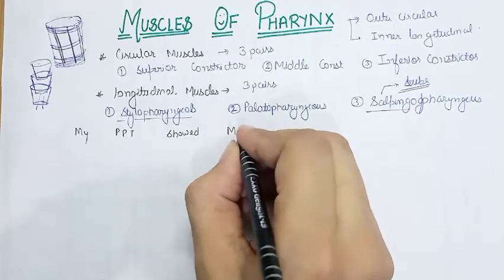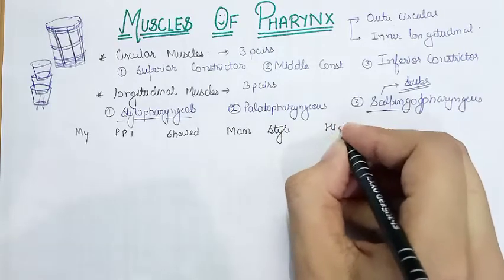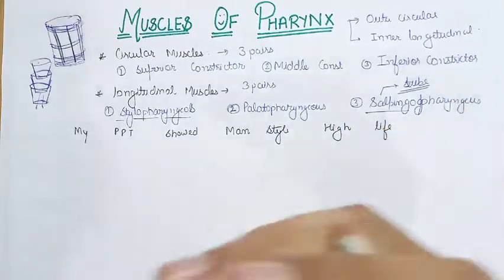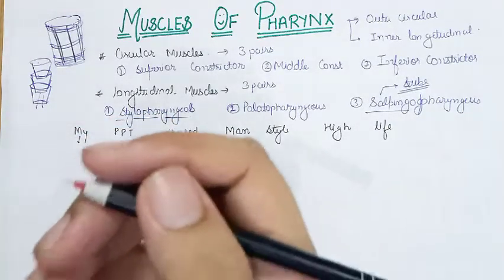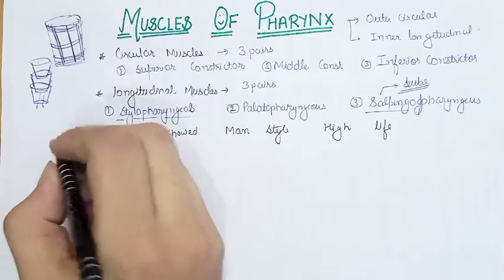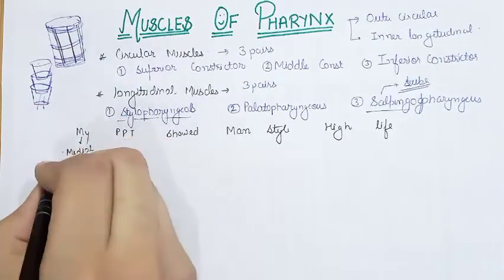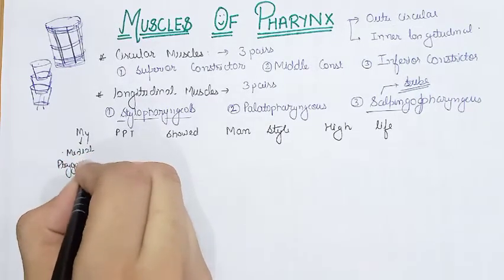Man, style and high life. So what does all these things stand for? See, MY stands for the medial pterygoid plate, or the part of the ethmoid bone. So this is medial pterygoid plate.